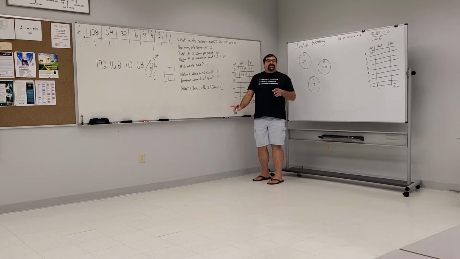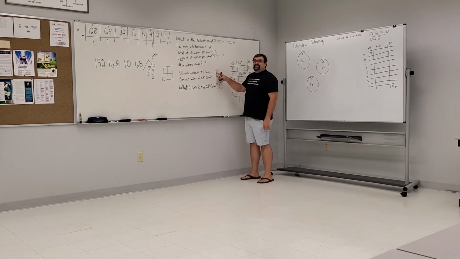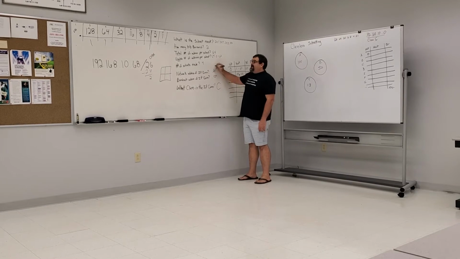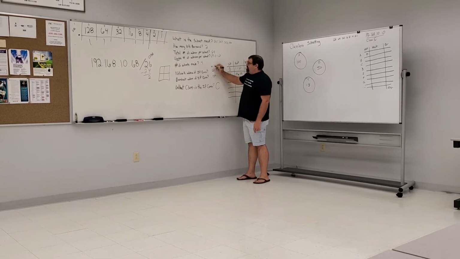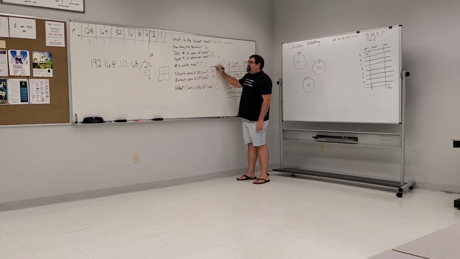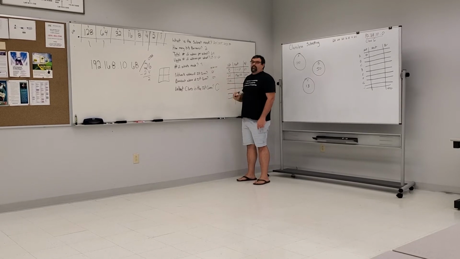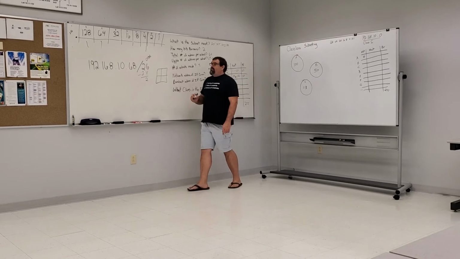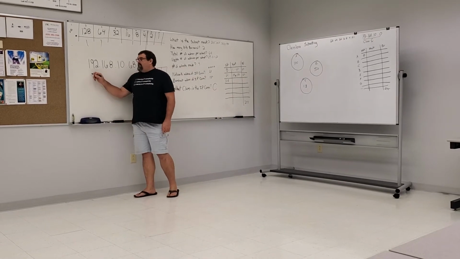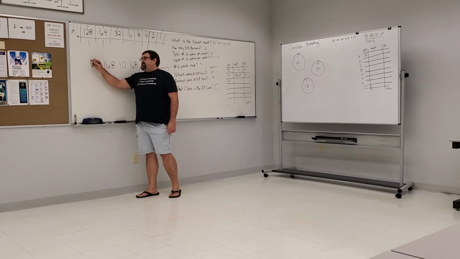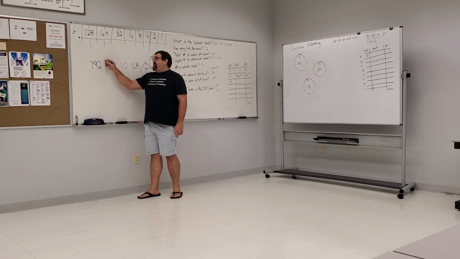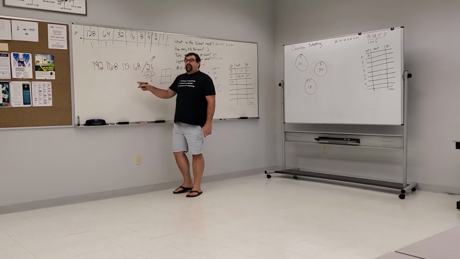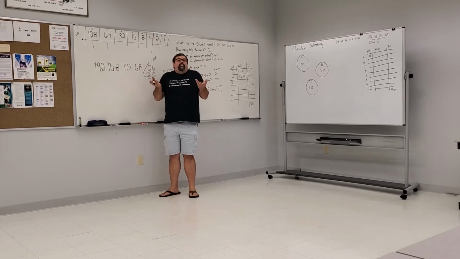Now, whenever I say this, keep in mind that I'm not just saying that the answer is .64. The answer is actually 192.168.10.64. But because we're working with a Class C, remember that every octet we turn on that makes this 255, this is locked down, and this is locked down, and this is locked down because of the /24. Because these are locked down, I don't really have to focus on them.